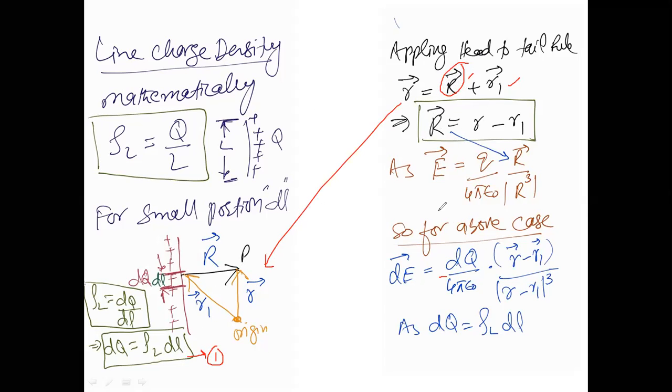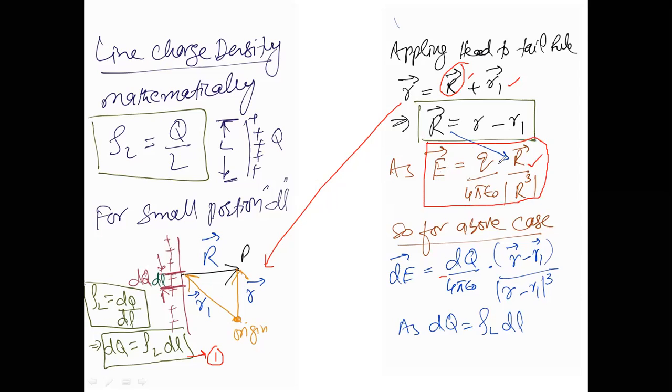According to this equation, E is equal to q over 4 pi epsilon naught, r vector over r cube absolute. I've already told you that we will use this equation again and again, so keep this equation in mind.